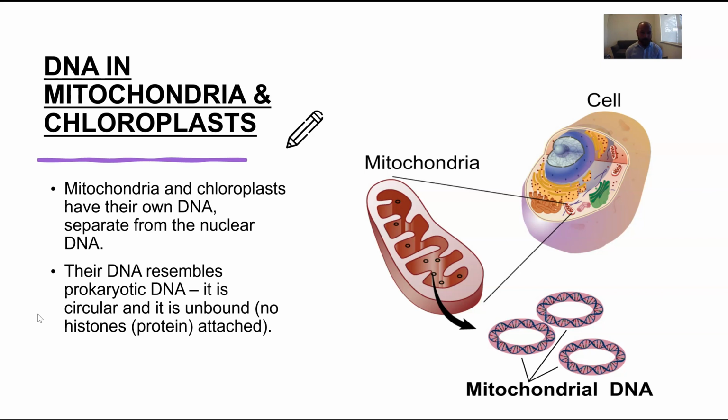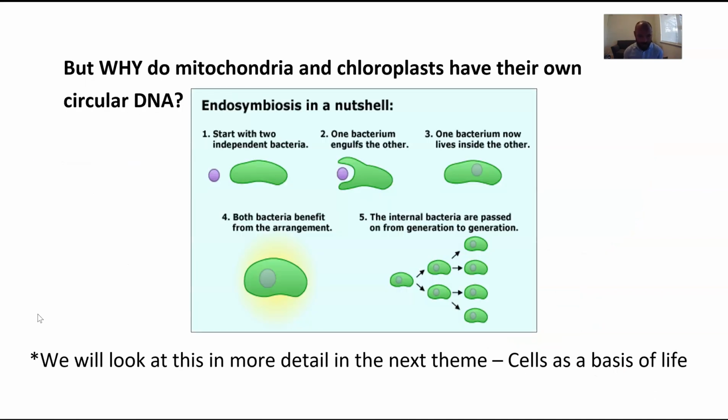So the theory goes that mitochondria and chloroplasts at one stage in evolutionary history were their own prokaryotes, and then at some stage they were engulfed by another prokaryote, but then the relationship was mutually beneficial because the mitochondria gave the other organism energy and the chloroplast gave the other organism carbohydrates from photosynthesis.